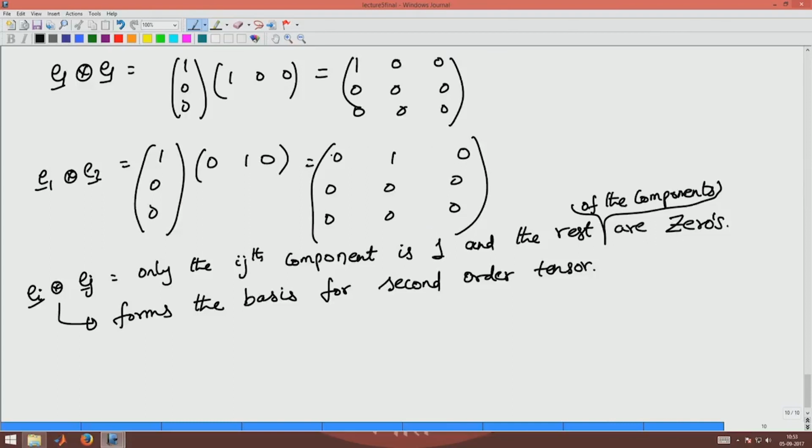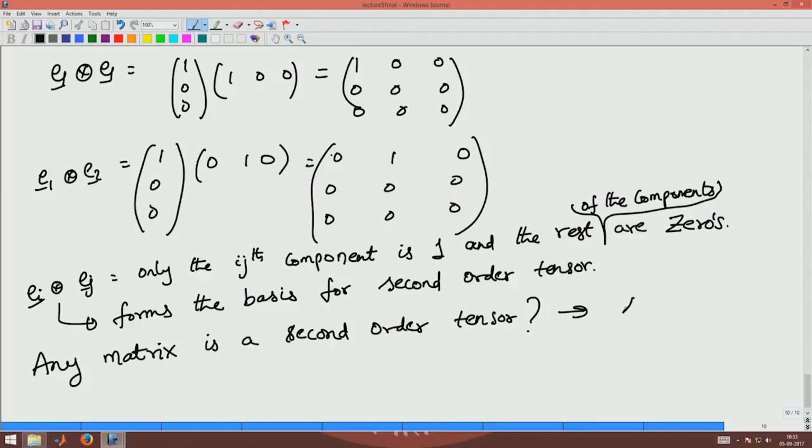Now, finally, let us look at whether any matrix is a second order tensor. Answer is emphatically no, because it does not transform the way a tensor should transform.